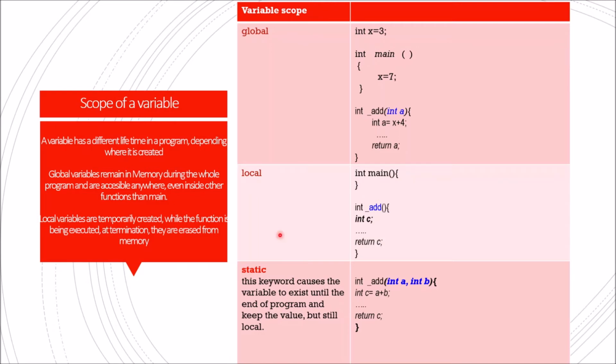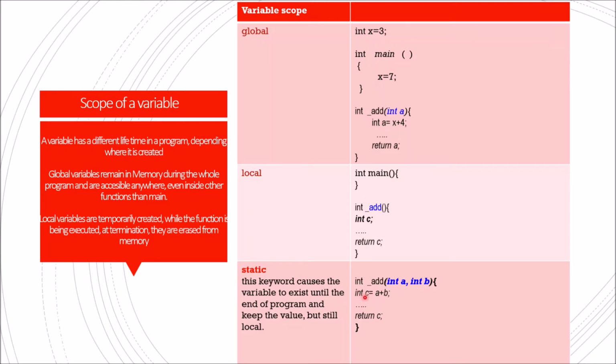To resolve those complications from a local variable, we can use the static keyword before the definition or declaration of the variable.